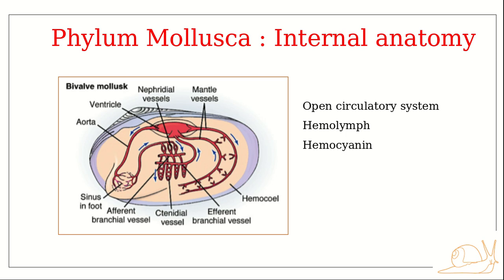The blood flows with respect to the heartbeat. Another important feature is that it is a hemolymph, and this hemolymph contains hemocyanin. Hemocyanin is a copper containing pigment. Unlike the hemoglobin in humans, hemocyanin, when it undergoes oxidation, turns blue in color.